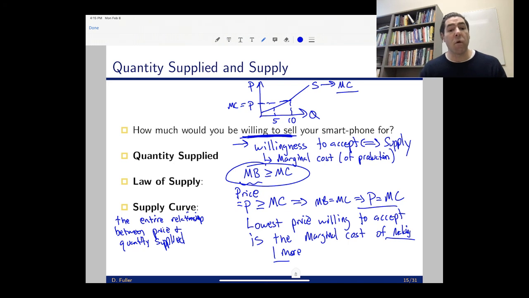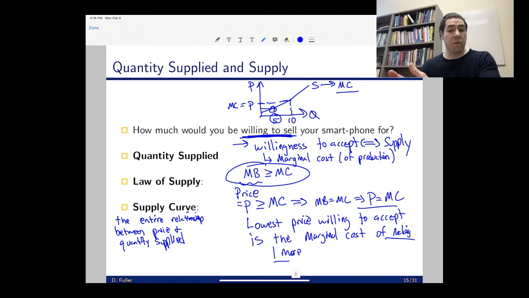So think back to my oil example, right? When I'm extracting oil from Saudi Arabia, it's right there underneath the surface, so marginal cost is relatively low. I can be willing to accept a lower price in exchange for selling you a barrel of oil. The more oil we have, and the more I need to extract or produce, the higher the marginal cost because I'm using the resource more, right?